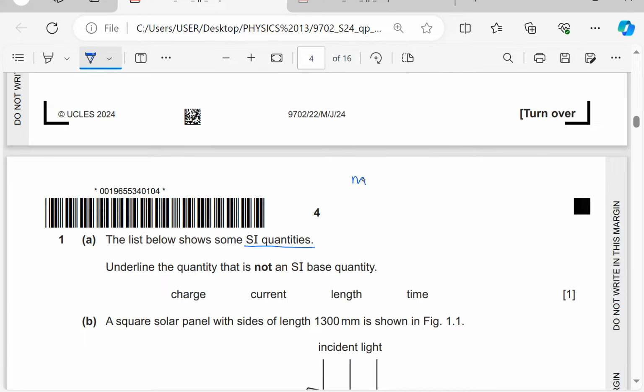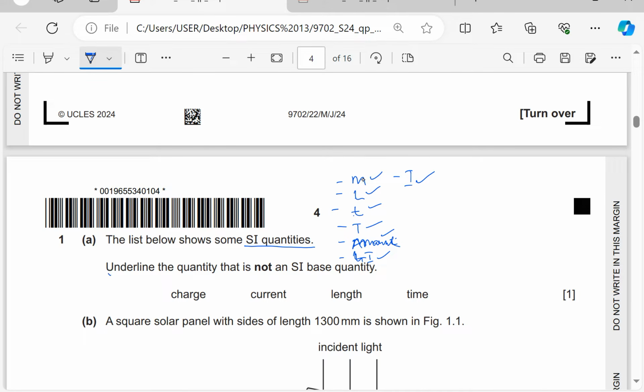These include mass, length, time, temperature, amount of substance, luminous intensity, and of course, current. To be specific, for temperature, it is absolute temperature or thermodynamic temperature.